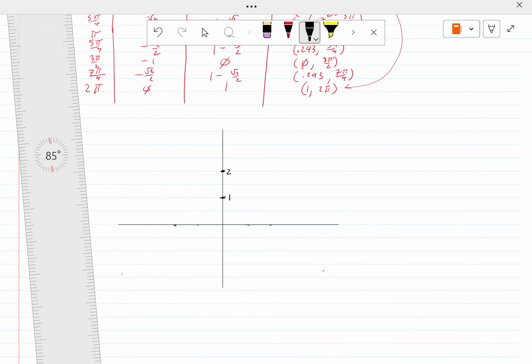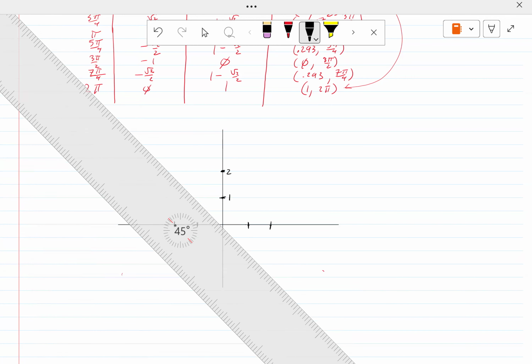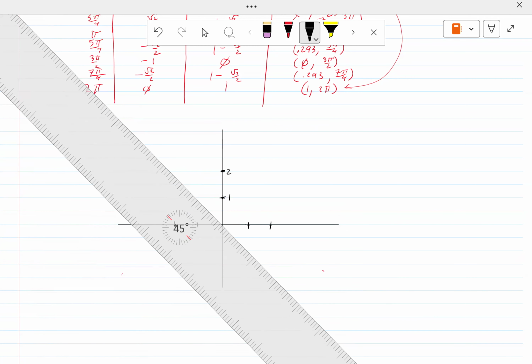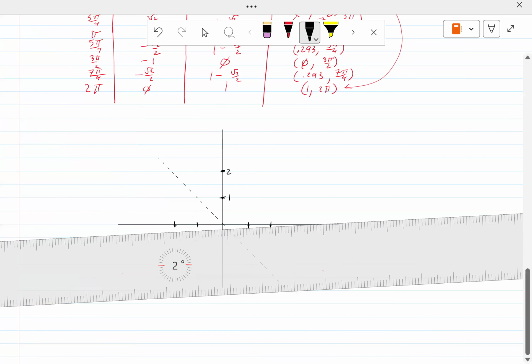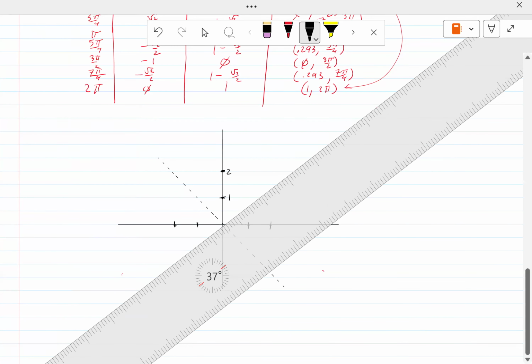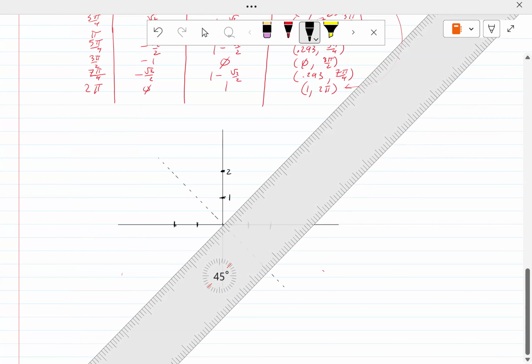I just wanted to make sure that I'm pretty accurate with my divisions here. And then I'm going to put in 45 degrees and put in some dotted line going down, and then do the same thing for the other 45 degrees.